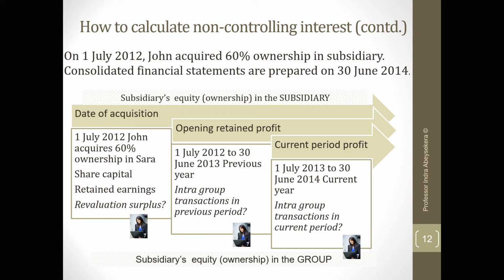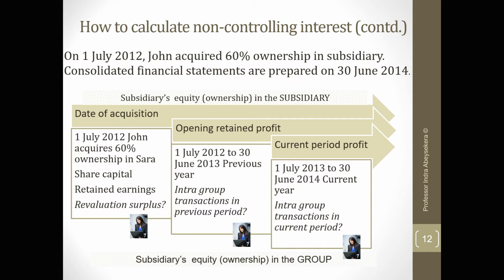So if on 1st of July 2012 John acquired 60% of the subsidiary, then the 1st of July is step one, the date of acquisition, and there's the acquisition interest, the shareholders' equity in the subsidiary, and we have to give the non-controlling interest portion at that date.